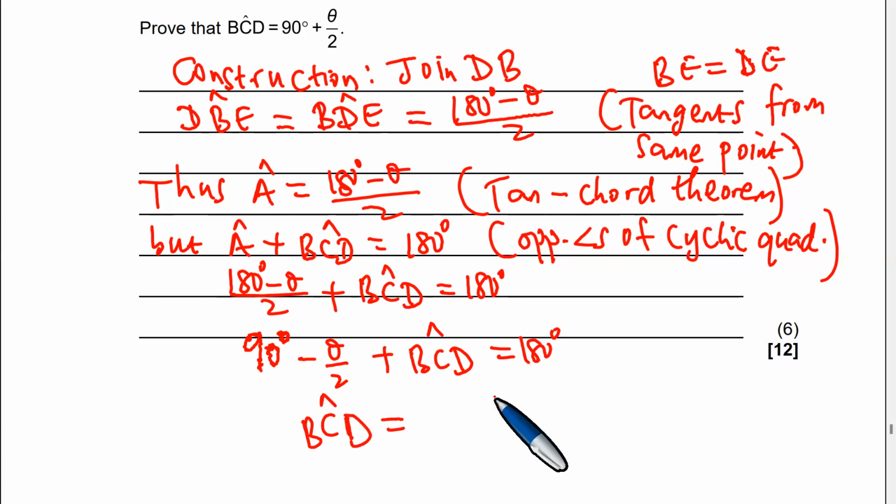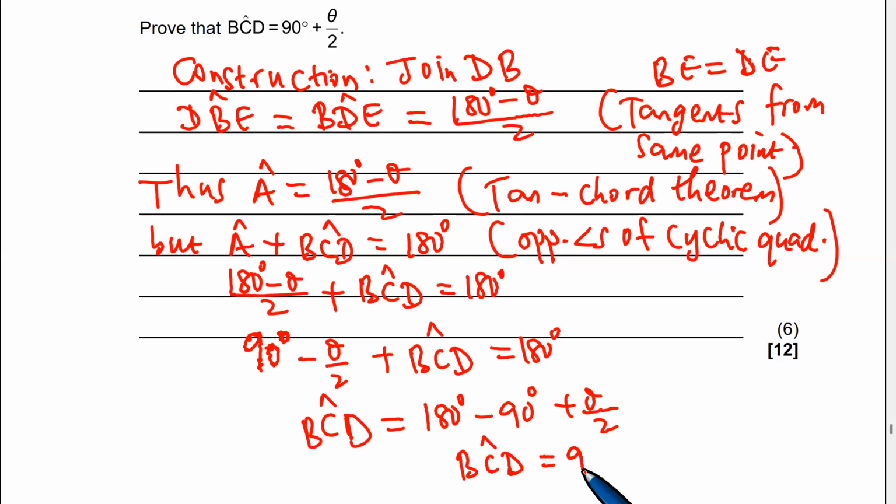is equal to, so you transpose everything, 180 degrees, then you subtract 90 degrees, and then you add theta over 2. What is 180 minus 90? It's 90 degrees plus theta over 2.